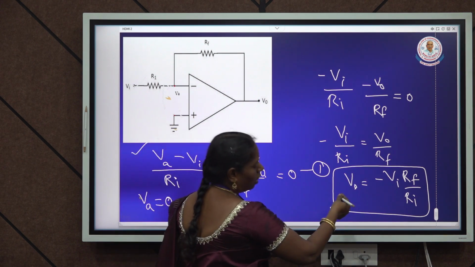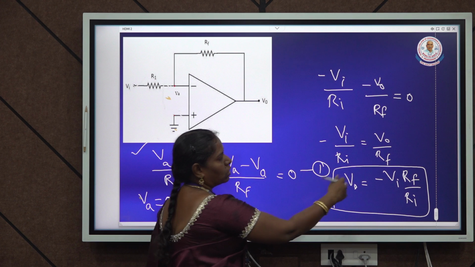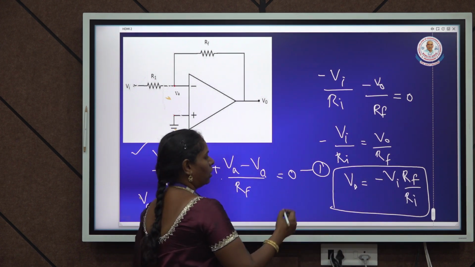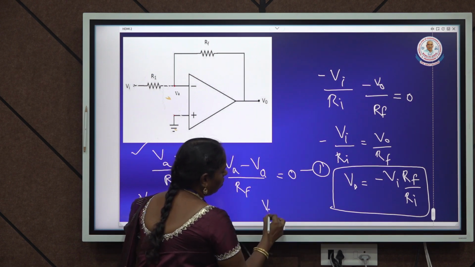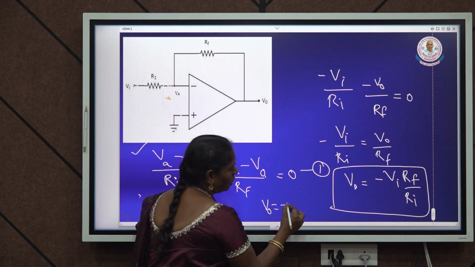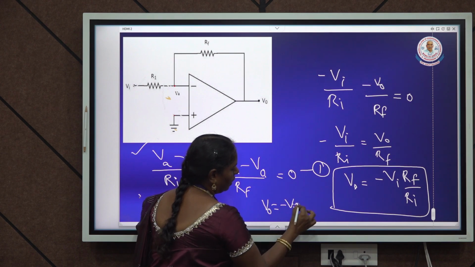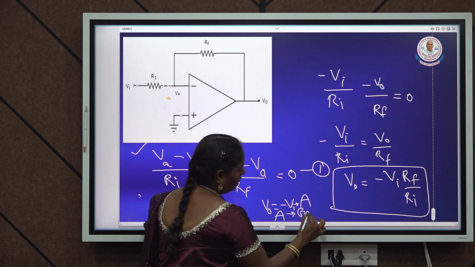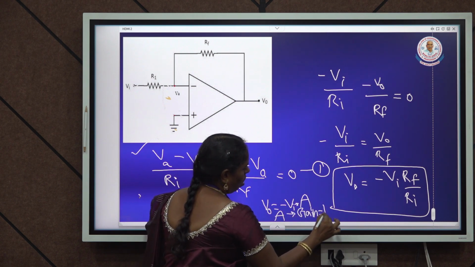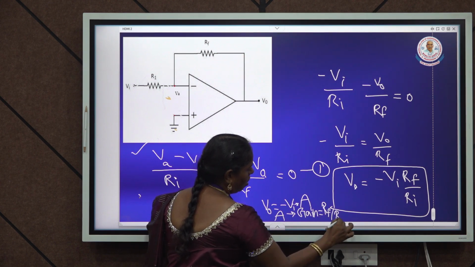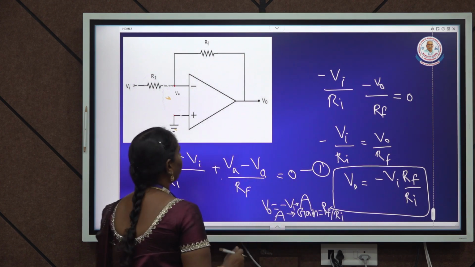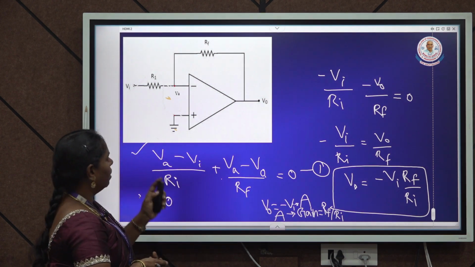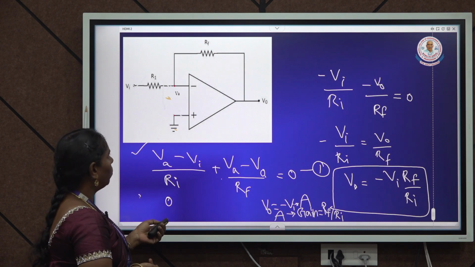From that we can see that the output voltage is the inversion of the input voltage with the gain factor Rf by Ri. So V naught can be written as minus Vi into A, where A is the gain, equal to Rf divided by Ri. Once we know the value of the gain, we can design the inverting amplifier.